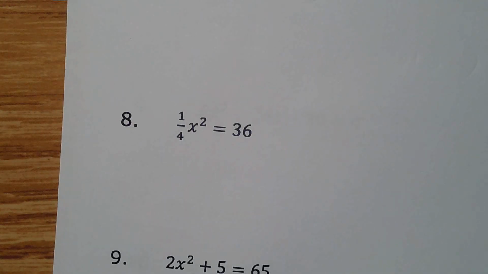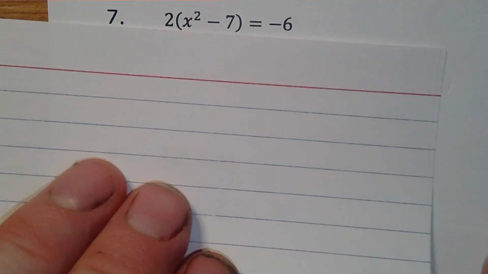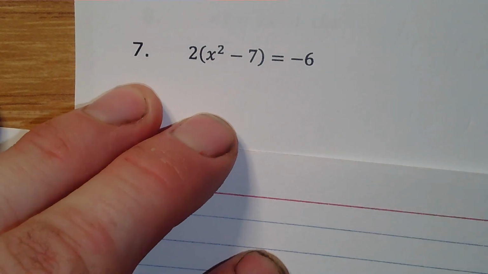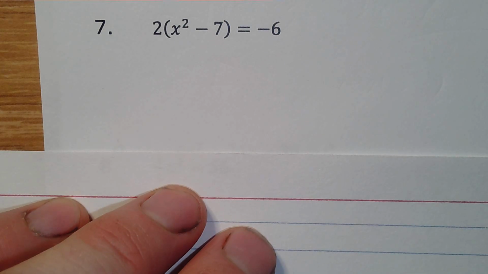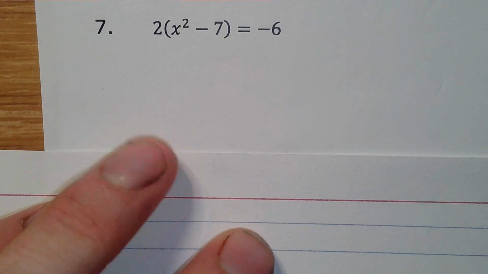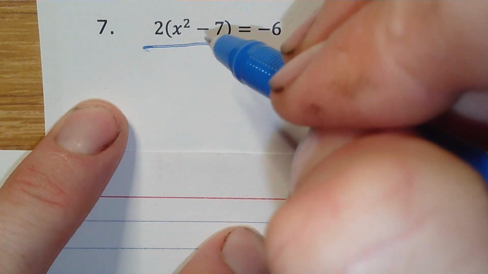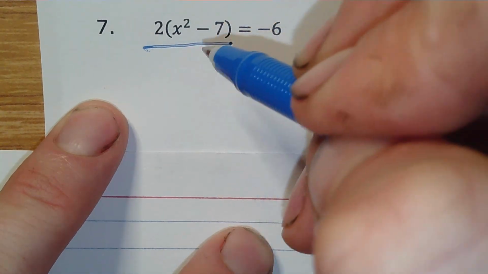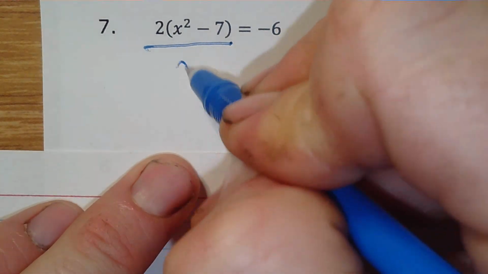Okay, one more example. This one is 2 times the quantity x squared minus 7 equals negative 6. Well, let's get rid of that 2 first. I don't have to put everything on one side, I just need to solve for x. This is 2 times a binomial, equals negative 6, so I'm going to divide both sides by 2.